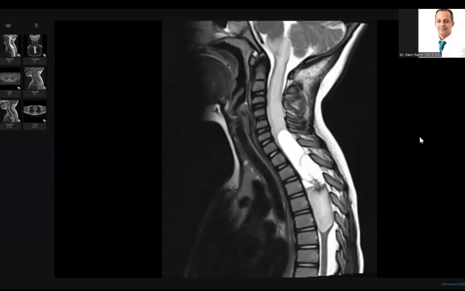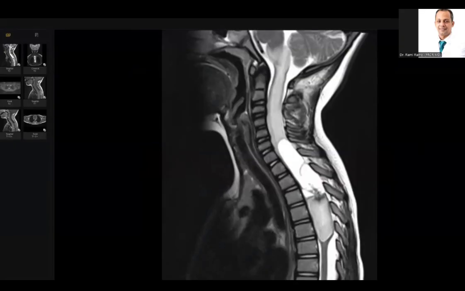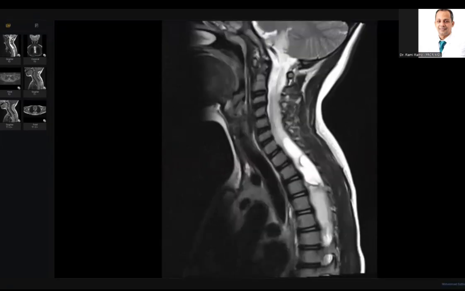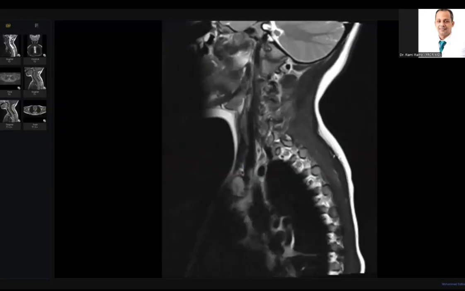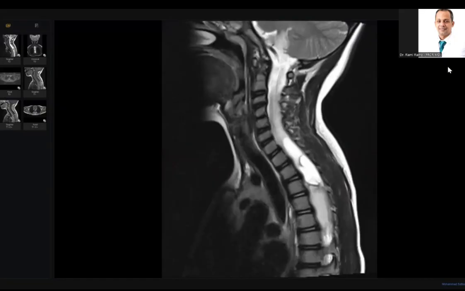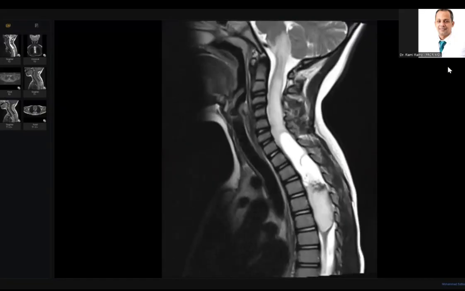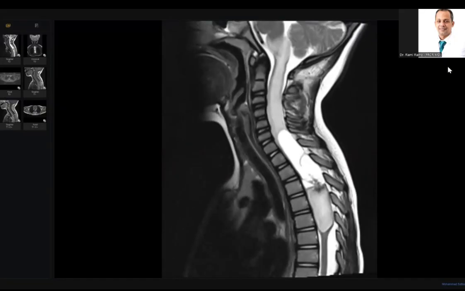Did you mention the age of the patient? 6 years old. Okay, it was a spastic motion. Okay, this is the sagittal MRI T2 of the cervical and upper thoracic spine.